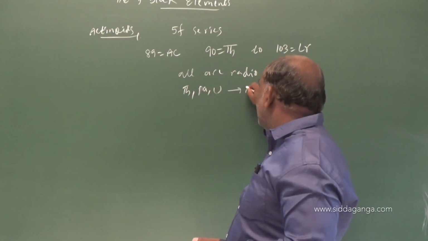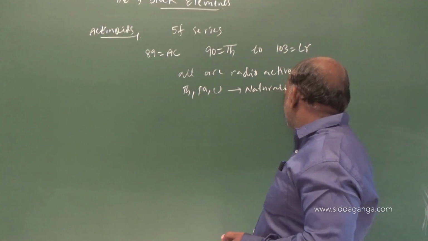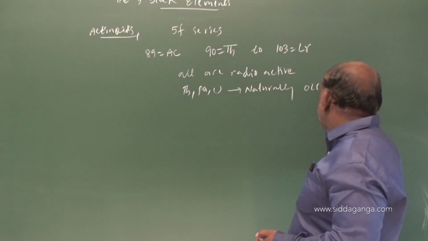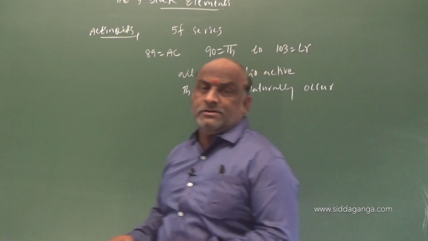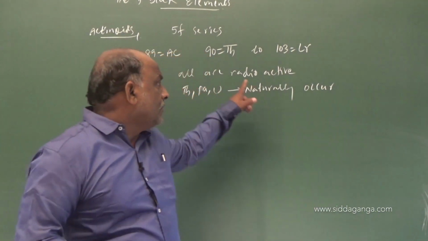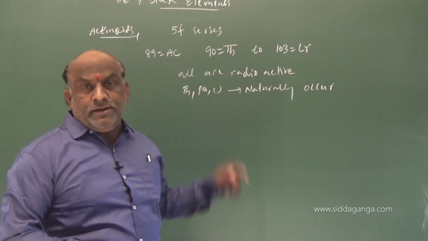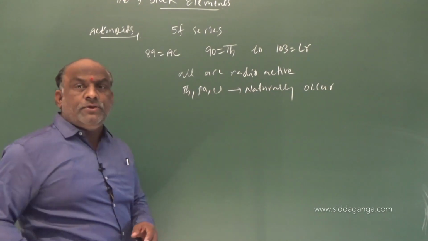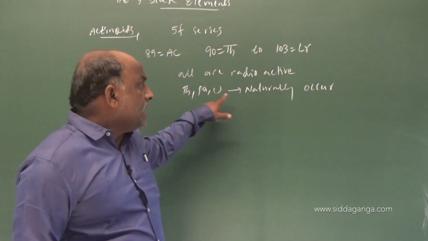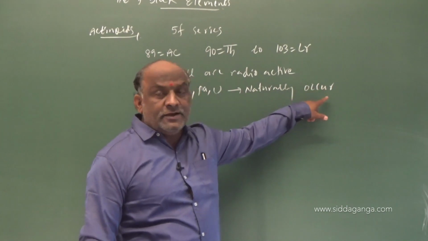These three elements, thorium, protoactinium, and uranium, are naturally occurring radioactive elements.